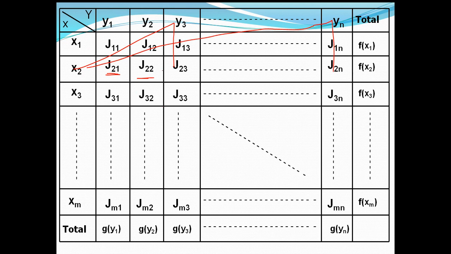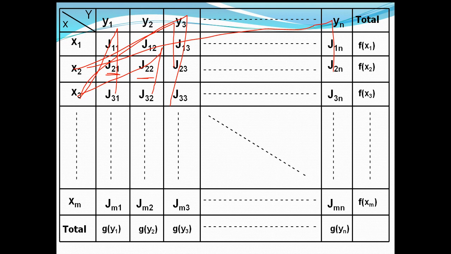Similarly, in the third row, x3, y1 is j31, x3, y2 is j32, x3, y3 is j33, and so on, x3, yn is j3n. For the mth row, xm, y1 is jm1, xm, y2 is jm2, and so on, xm, yn is jmn. So this is the completion of the joint distribution table.